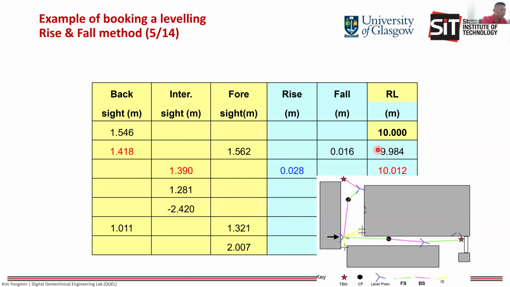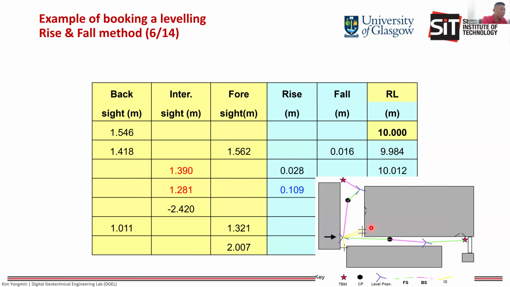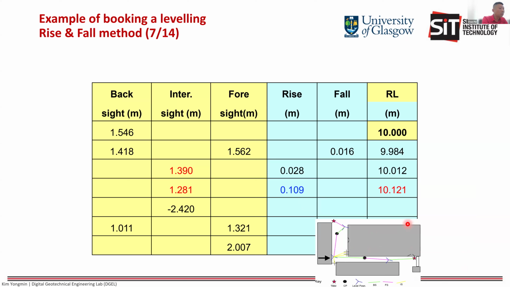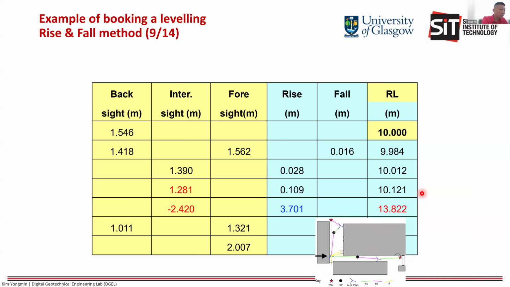Then from 9.984, you add this 0.028, you get 10.012. So that's the reduced level for the first intermediate sight. Following the same procedure, you do the same calculation, then you can get the second intermediate point's reduced level and the third one.